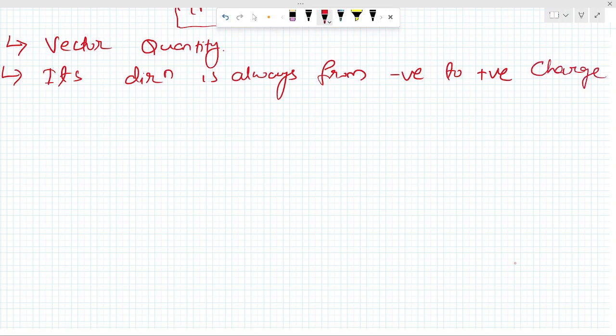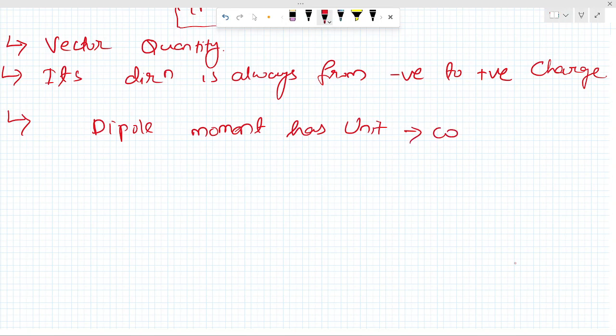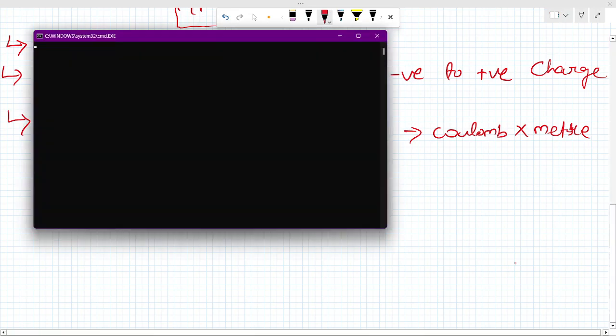And its unit: dipole moment has unit q into 2a, means coulomb into meter. In CGS you can write it as stat coulomb into centimeter.